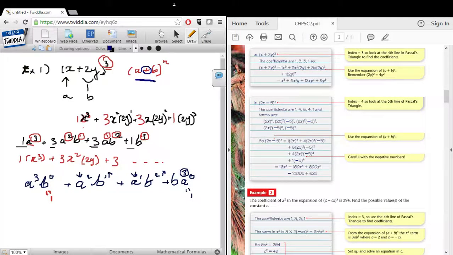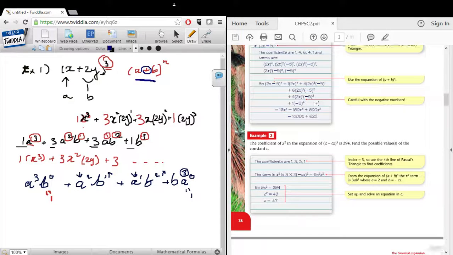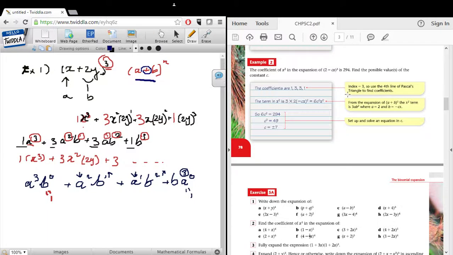So if you have a negative like here, then you have to incorporate it along with that numerical value, so it has to be included within every b term. And you can see here you have an unknown, but you're given the answer here is 294, so you can just figure out c by rearranging.